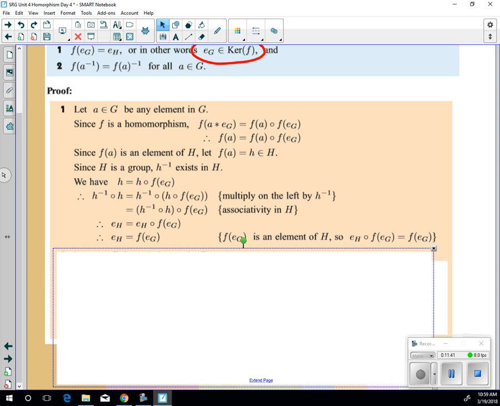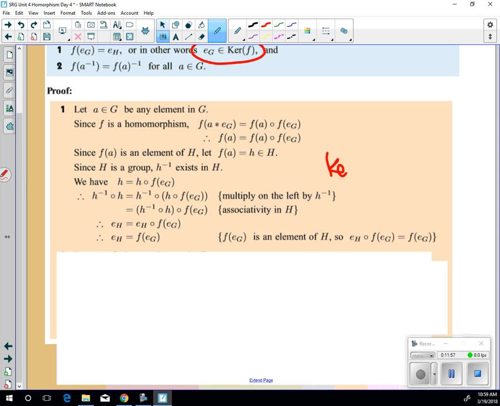I kind of see how they do it, but they're just saying that the identity element of H is F of the identity of G, and that's the kernel, essentially, gives you the identity of H. One more time. Kernel of F is going to be E of H.